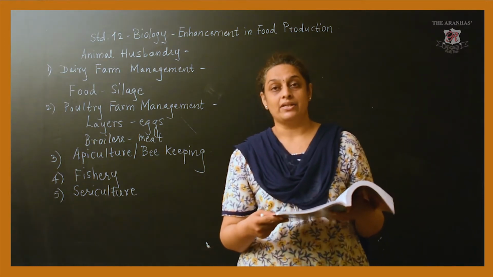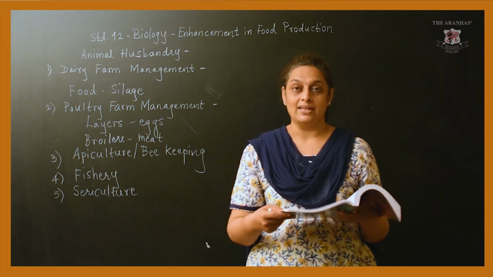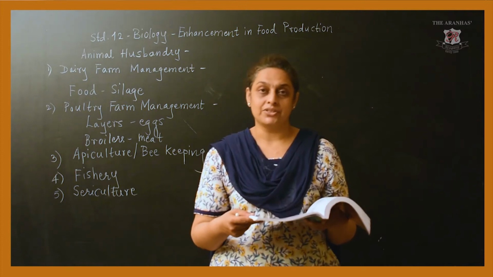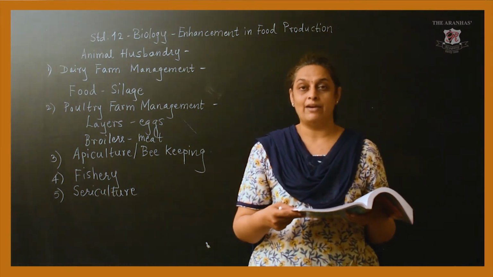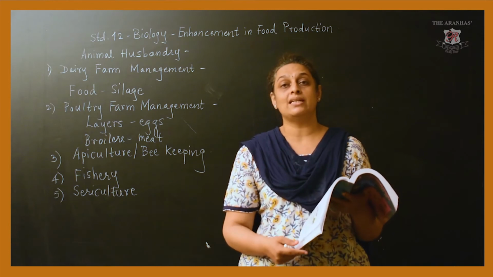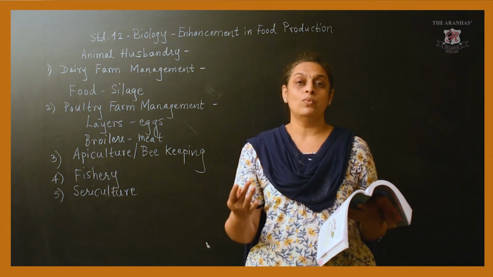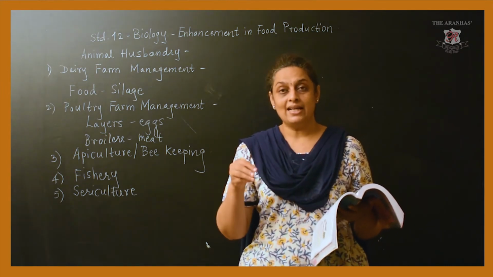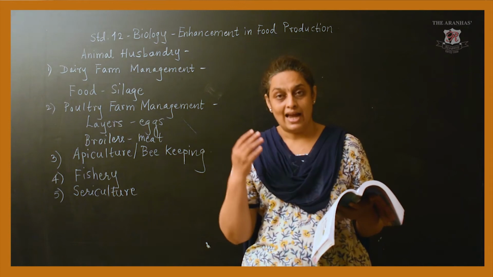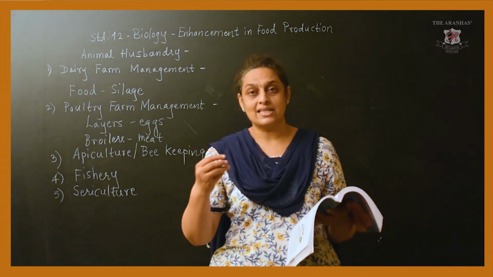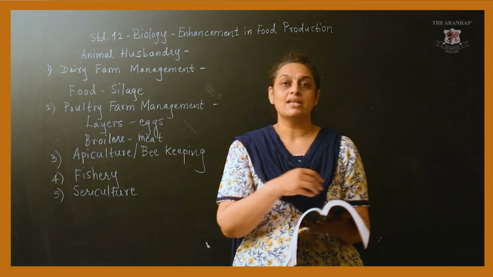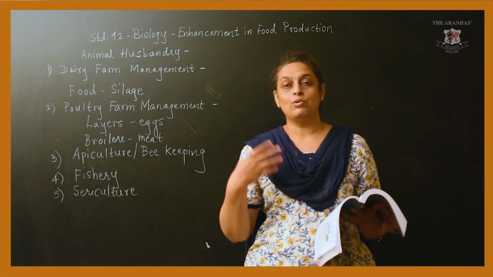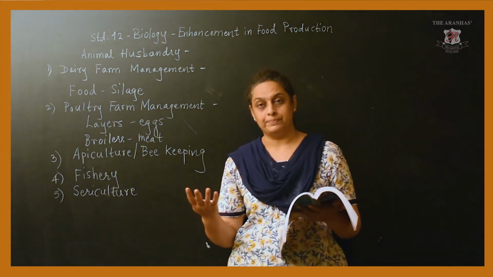In sericulture, what is done is these larvae which are inside the cocoon, at the right stage, those cocoons are collected, and cocoon is nothing but, in simple words, it is a house of that larva. Inside, larva is there, and larva secretes some special chemicals which later on develop into fiber-like structures, and those fibers develop into that cocoon.